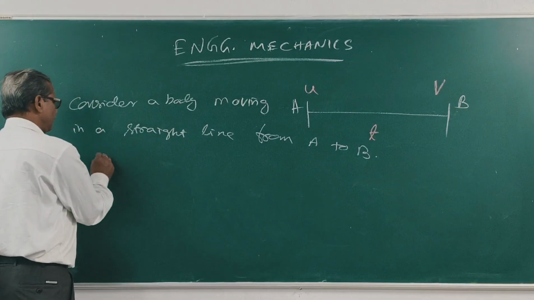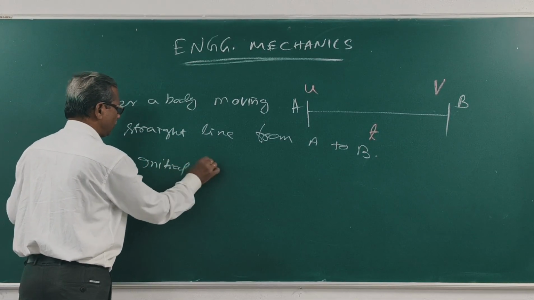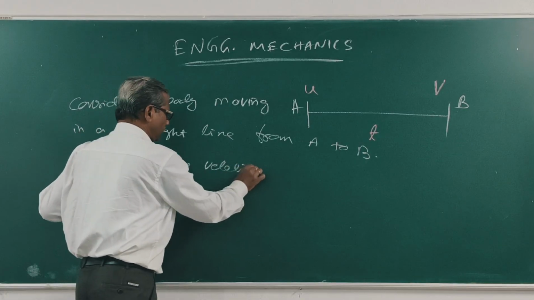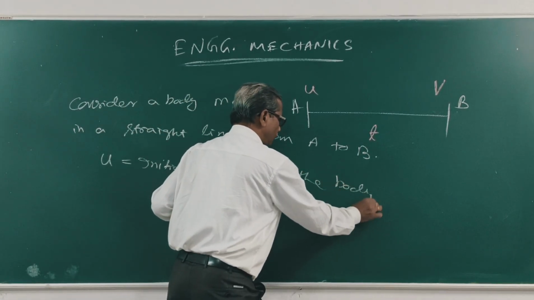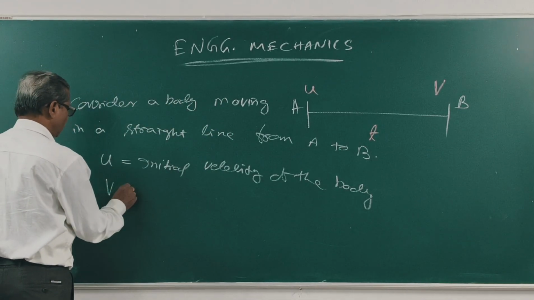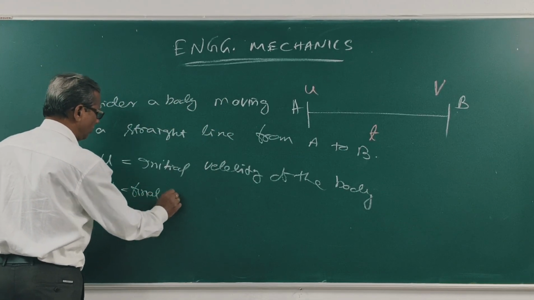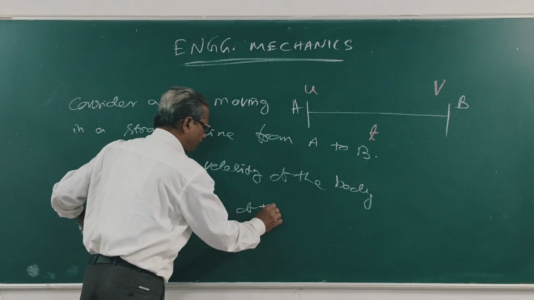Let U be the initial velocity of the body, V the final velocity of the body.